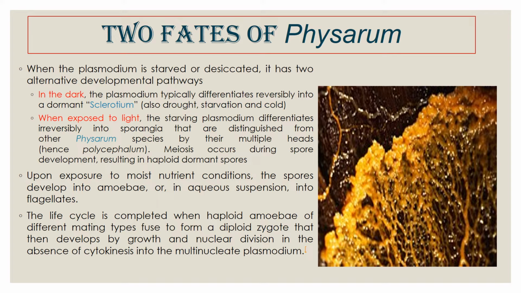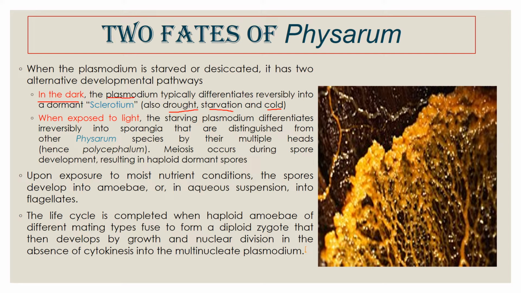But if the conditions are not perfect, then what will happen? In the dark condition, or if there is certain drought or starvation or cold, then the plasmodium converts to a structure called sclerotium.